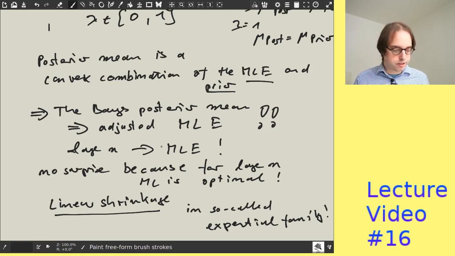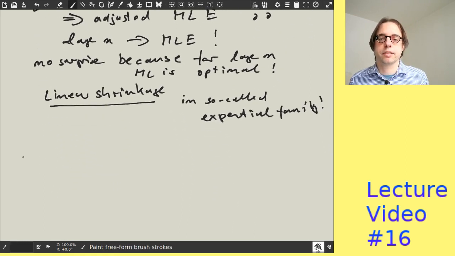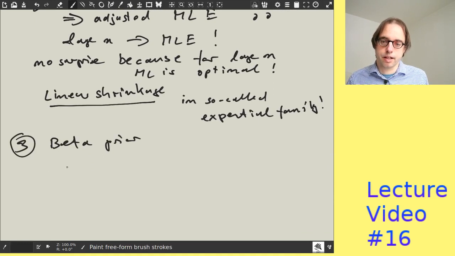So let's continue with the investigation of the properties. The next property is something that we've observed, namely we had a beta prior and a beta posterior.